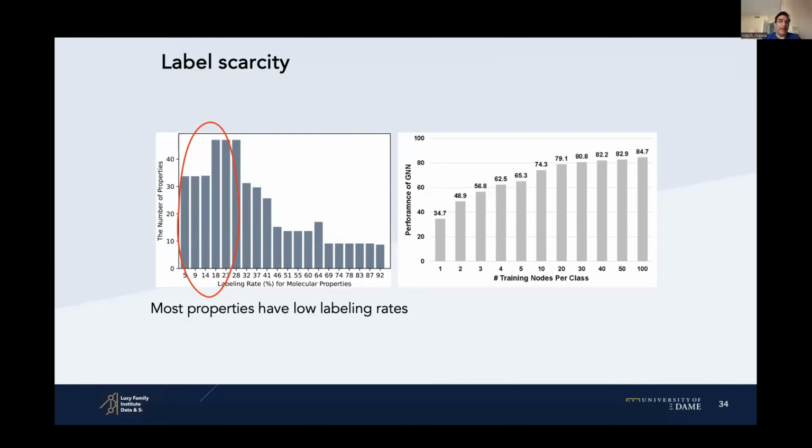It's not labeled because it could be expensive to go through the wet lab experiments and things like that. And if we look at the performance of a graph neural network, as the number of training nodes per class is low, they don't do as well in their property prediction. So how do we overcome this gap of fewer labels that lead to poor performance, and increase performance?